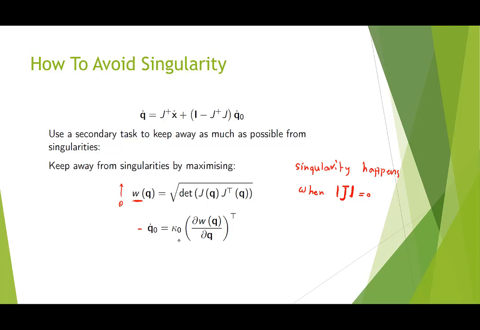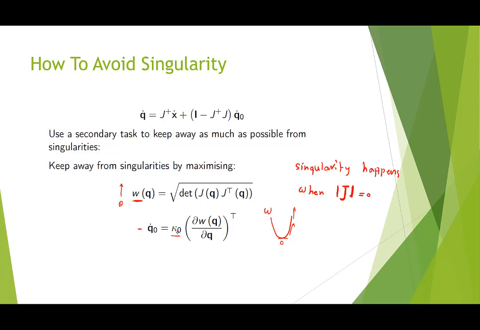If q dot 0 is equal to the gradient of this cost function, then it's always going upward, far away from 0. If this is my W, I will go up and go far from 0 if I move in the direction of its gradient. So if I select q dot 0 as the gradient of this cost function with respect to q multiplied by a positive constant, then it's always trying to maximize the determinant of the Jacobian, avoiding singularities.